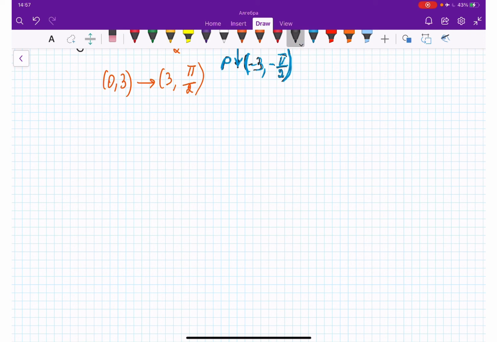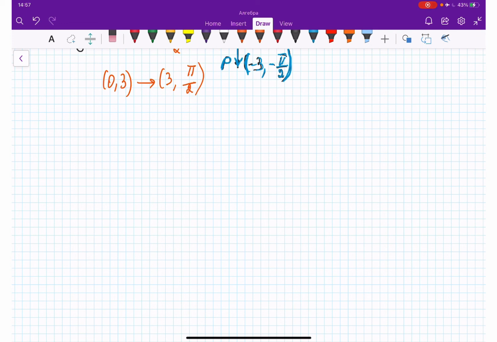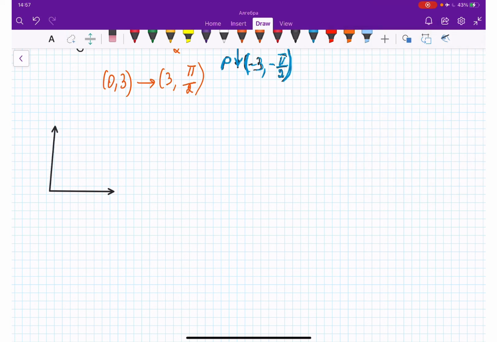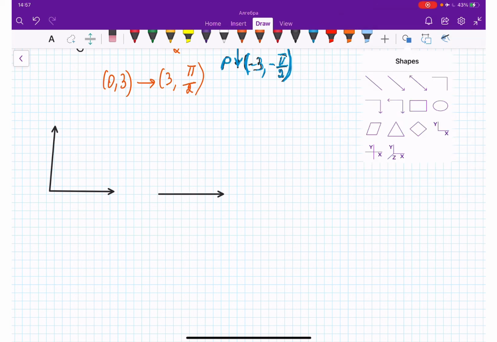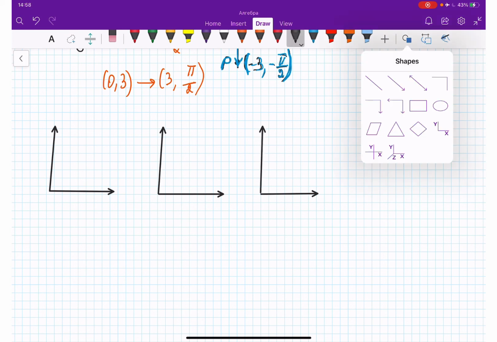We have 4 cases like that: first one, second one, third one, fourth one.